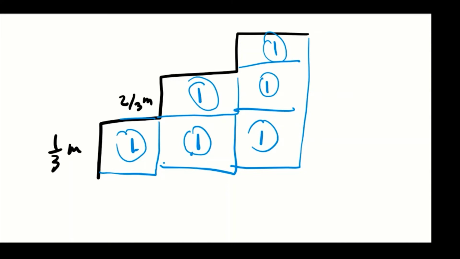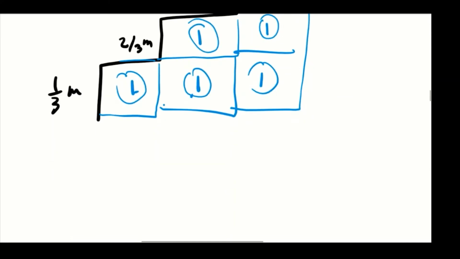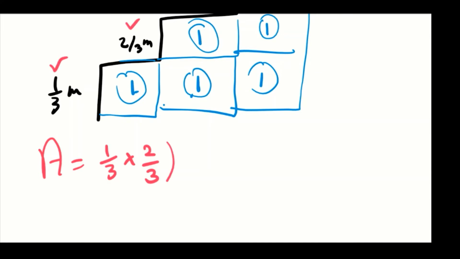So we're going to say, fine, our step is to find the area of the step. Our step is composed of 2 things. This height of 1/3 multiplied by 2/3, right? So this multiplied by this, right? And how many steps do we have?